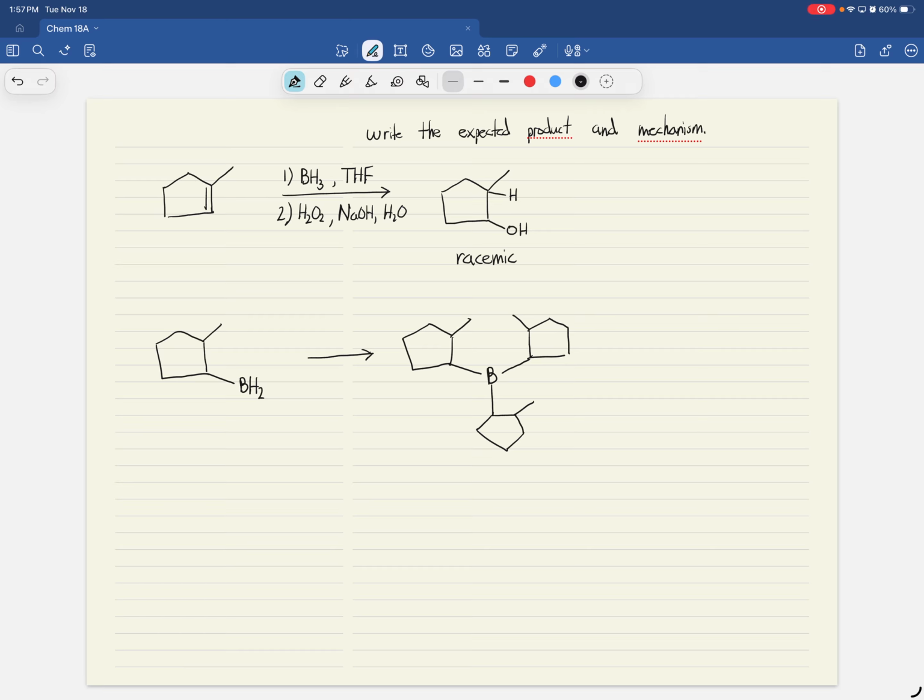And then the second step is oxidation. So I'll just make this an R group, okay? So you get three of these R groups. The hydrogen peroxide, deprotonated, will come in and attack the boron.